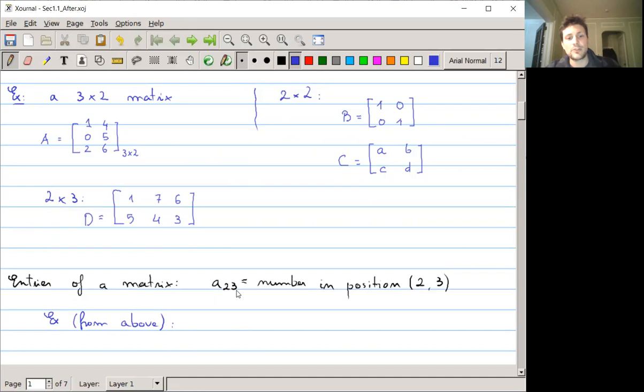So whenever I write something like this, a double index here, this will mean that I'm looking at the entry that is in position 2, 3. That means 2 is the number of the row, and 3 is the number of the column.